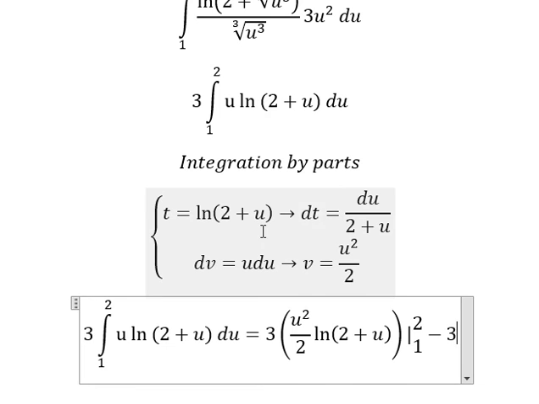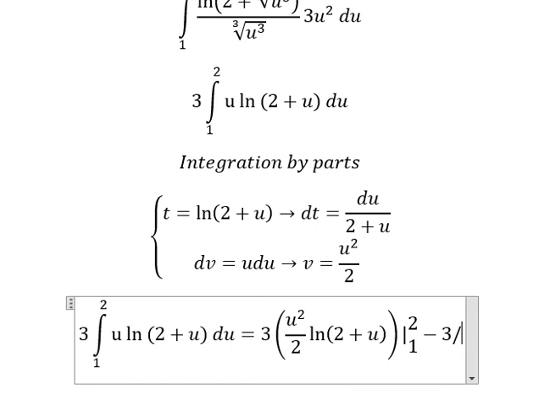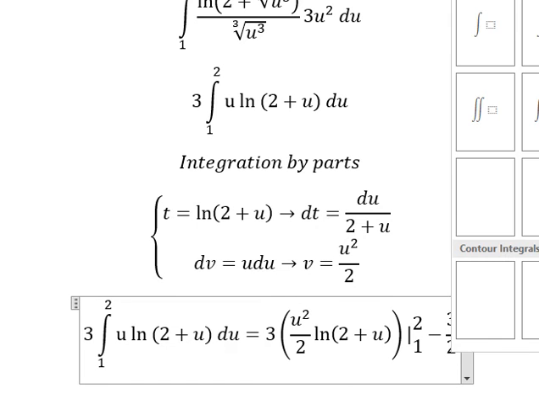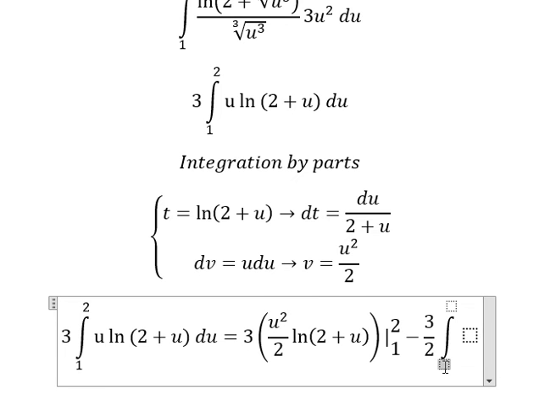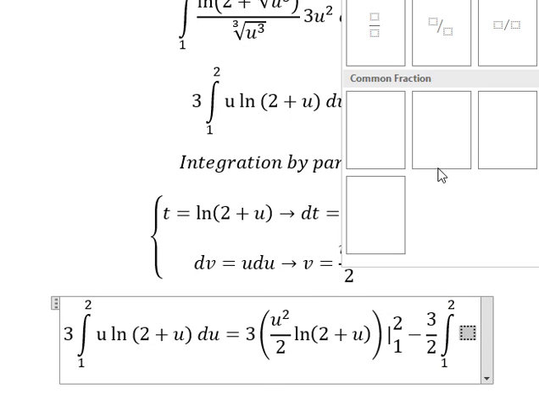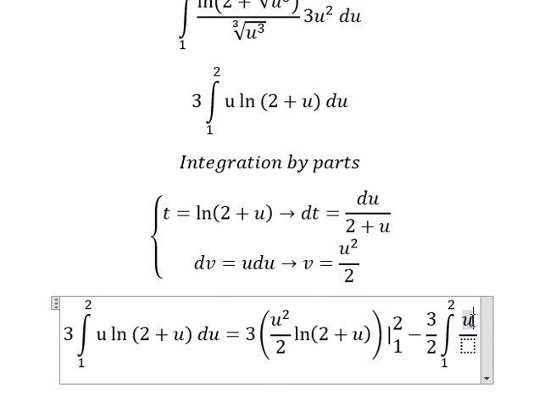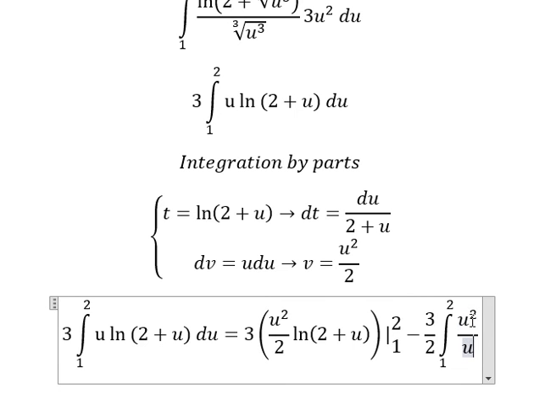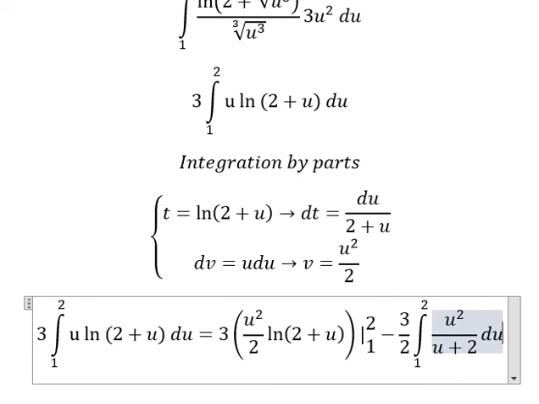Minus 3, we have dt multiplied by v, so we have 3 over 2, and we have the integration from 1 to 2, and we have u squared over u plus 2 du.